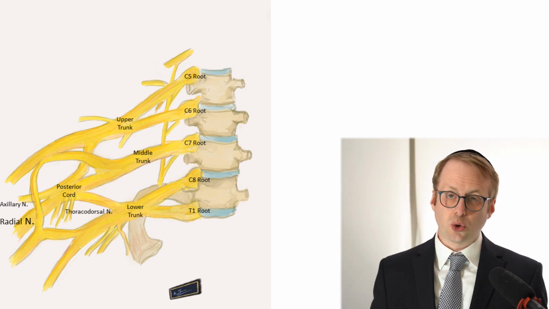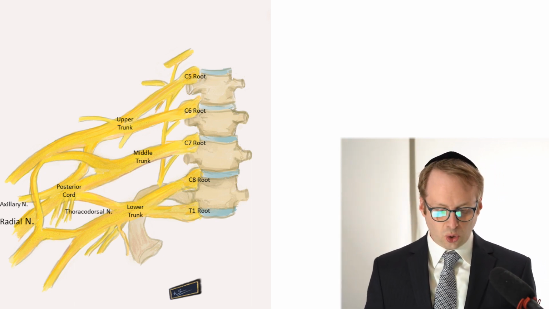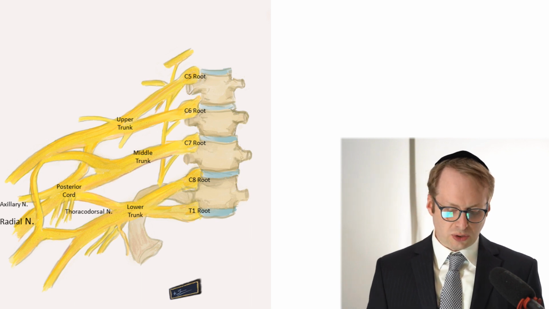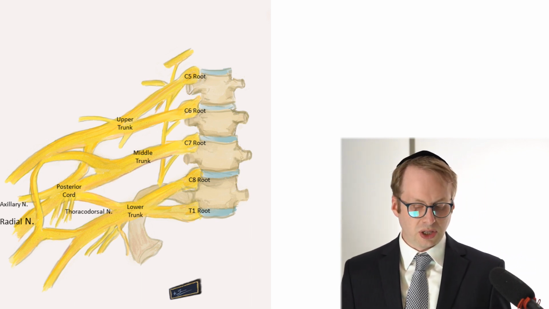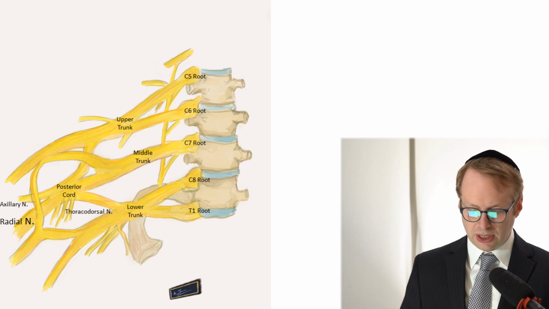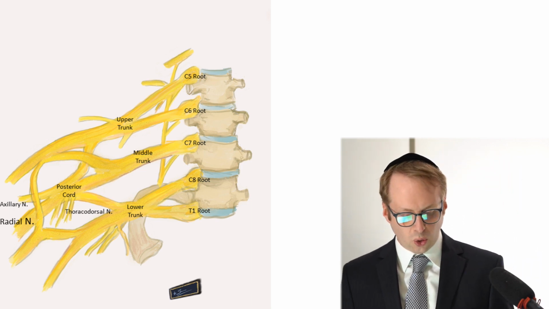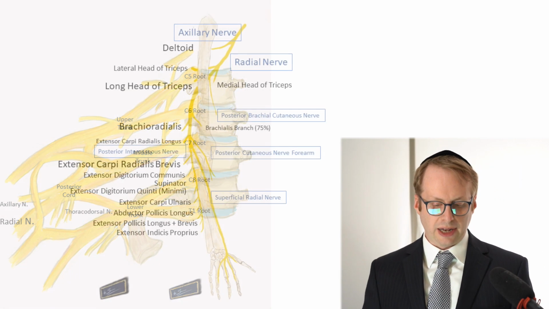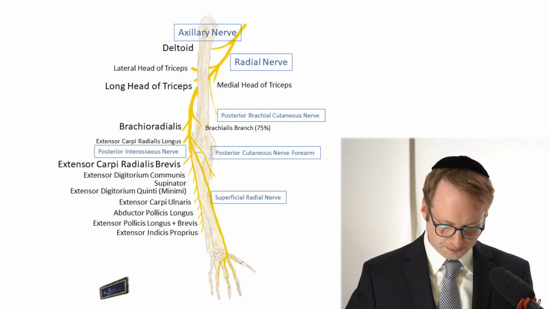These then join together at the posterior cord, whereby they then start throwing off other branches, including the thoracodorsal nerve to the latissimus dorsi muscle, which we'll explore, the axillary nerve, and of course the radial nerve too.